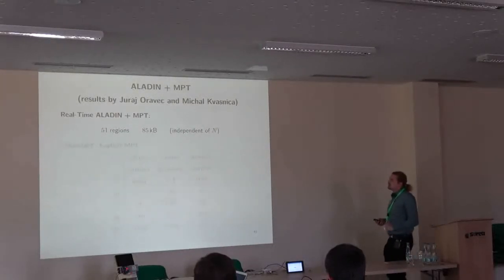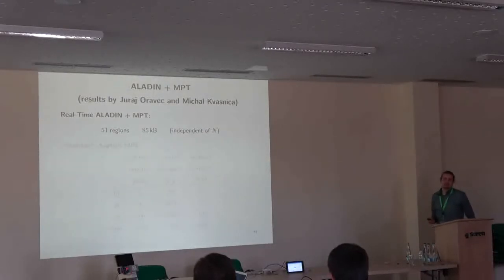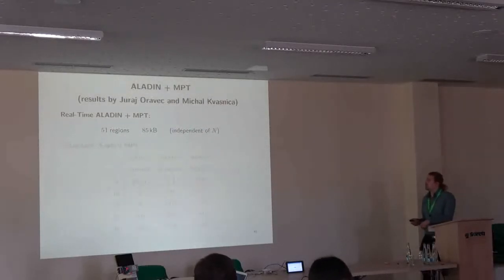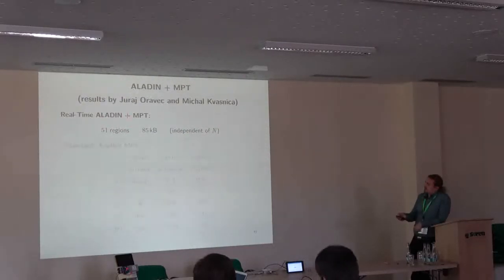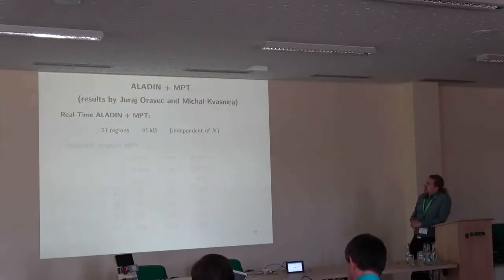Here we applied this to this very simple case study. We are currently working on bigger ones. The real-time variant of Aladin plus the explicit MPC solver in the MPT toolbox led, in this case, to 51 critical regions, and we needed 85 kilobytes to store those.